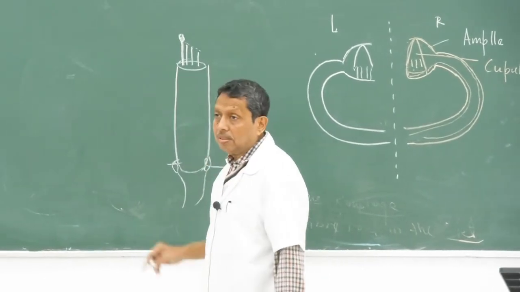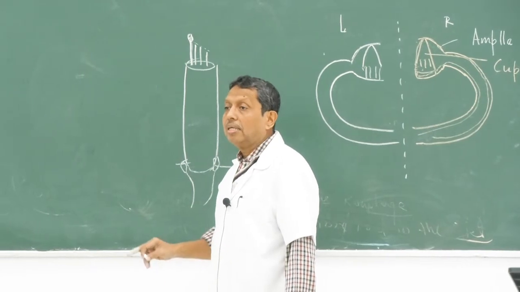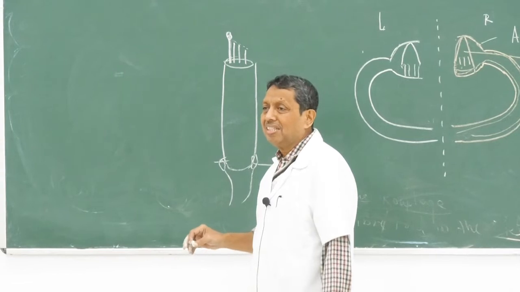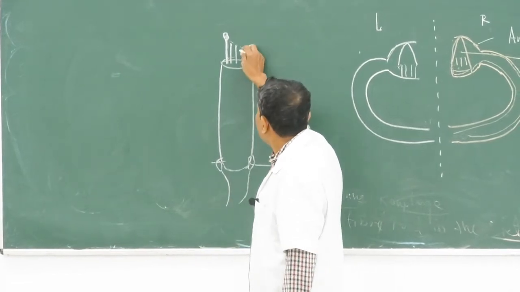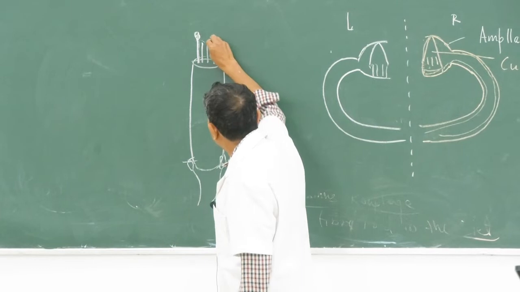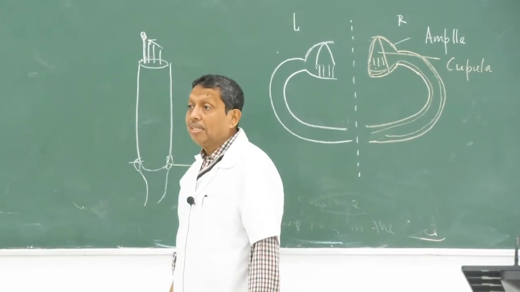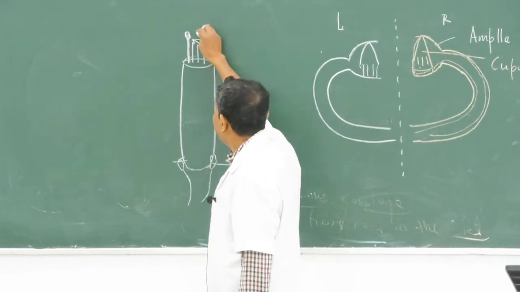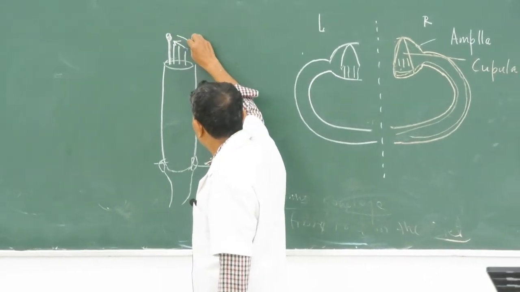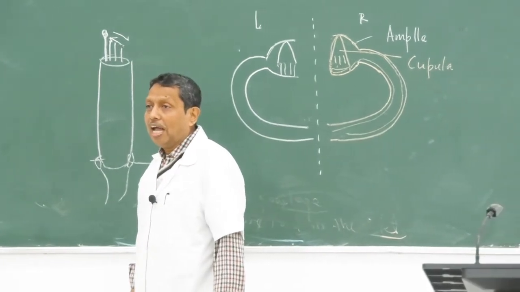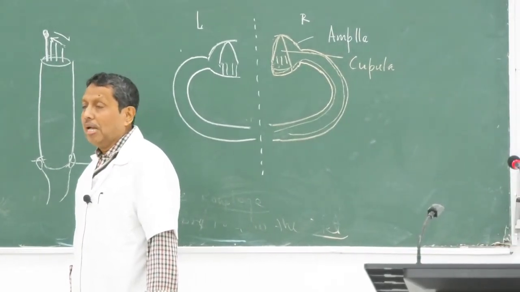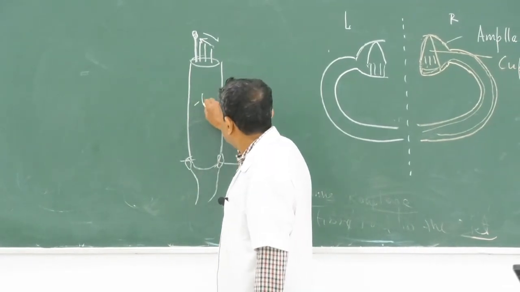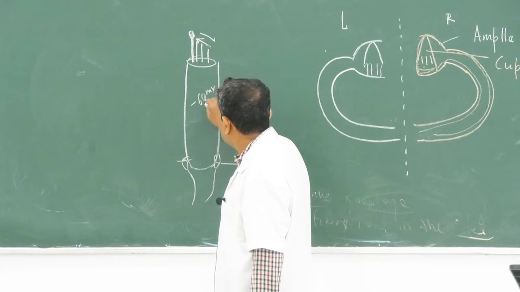And they are numerous, 30 to 100 or more, as given in the text. When there is movement of the stereocilia towards this direction, then there is depolarization. And when the stereocilia move in the opposite way, then there is hyperpolarization. Normally there is a membrane potential, suppose minus 60 millivolts or so.